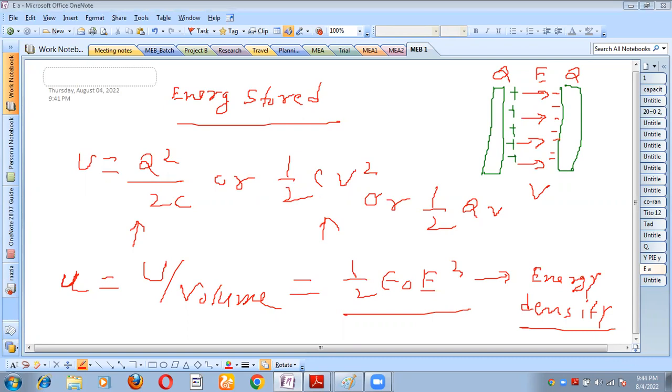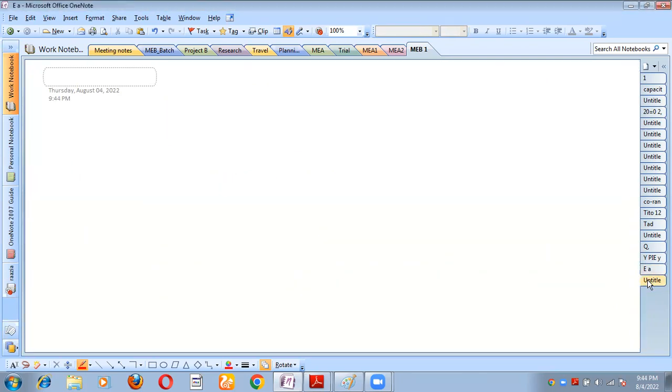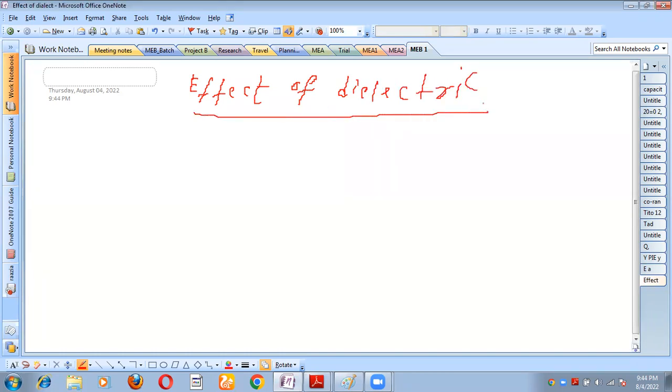So moving forward, we will see the effect of dielectric on a capacitor. That is a very important thing. What is the effect of dielectric? There are two cases.